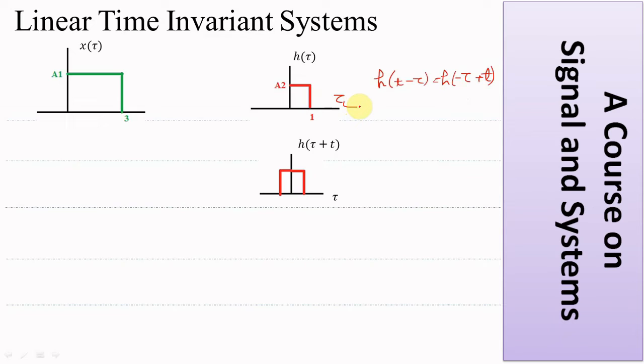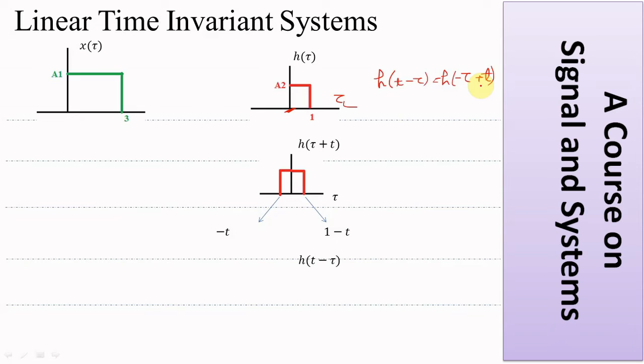The point which was at 0 will move to the left by t, which means it will become minus t. And the point which is at 1 will also move to the left by an amount t, which means it will become 1 minus t. But I need to evaluate h of minus tau plus t. For that I just need to reverse this part of the signal.